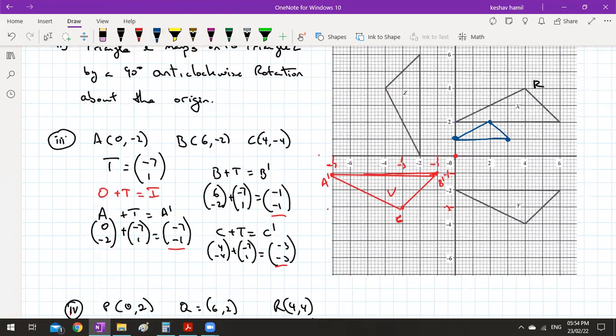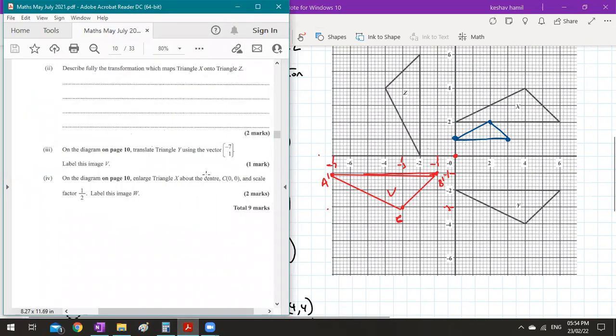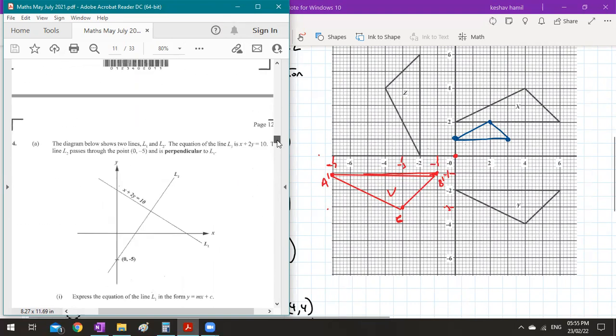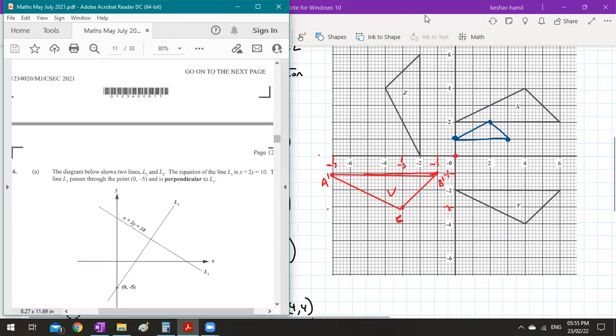Right? So that's what you're supposed to look like. Even though they said the word enlargement, we got a smaller diagram because the scale factor is half. If it was a whole number, you would have had a bigger shape. Okay? And that's the end of question 3.